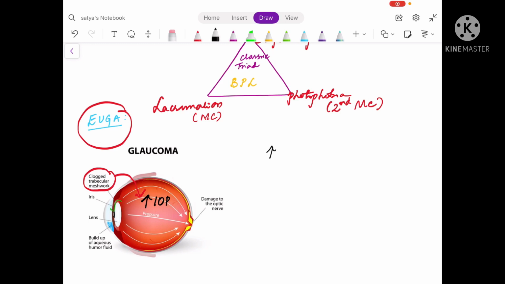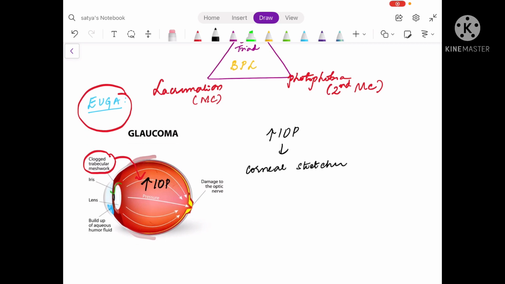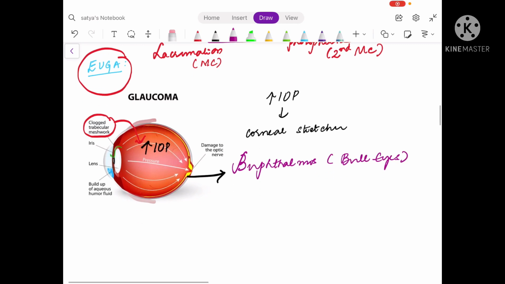This rise in IOP will lead to corneal stretching. Remember, the neonatal eyeball is stretchable or distensible. This stretching will lead to an overall increase in the size of the eyeball, that is buphthalmos or bullseye. So the eyeballs are very much enlarged.